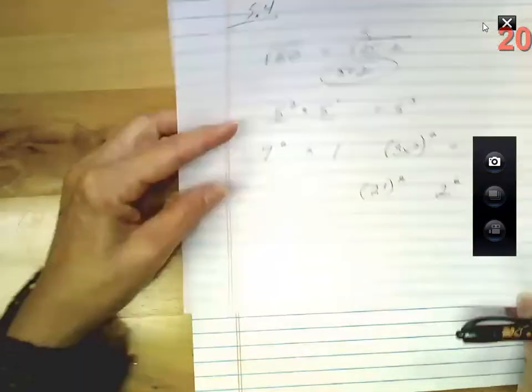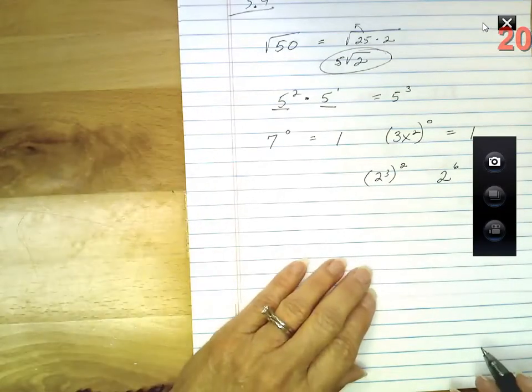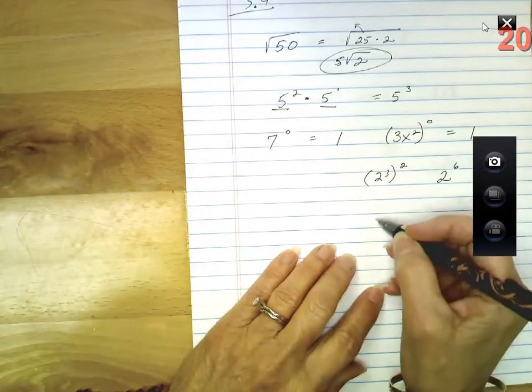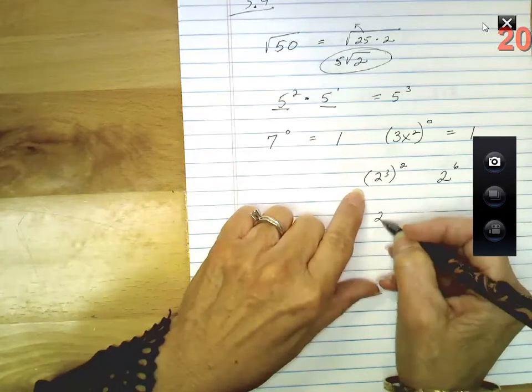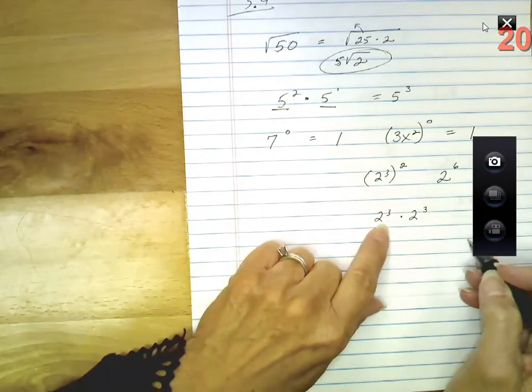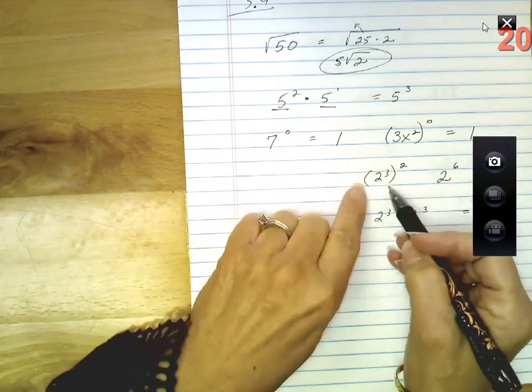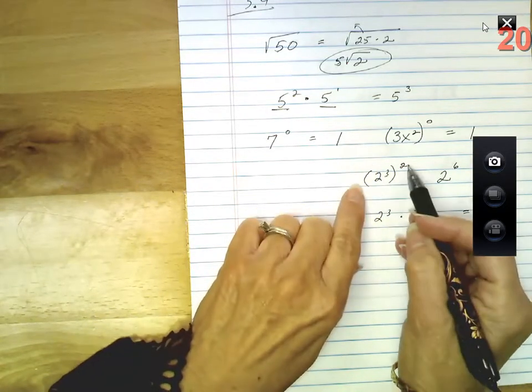I'm sorry, how is that 6 if it's 2 to the third power? That would be 6 in itself, and then to the second power, wouldn't that make it 12? What it means is 2 to the third times 2 to the third. Okay. Which is 2 to the 6th. Because this means take whatever's in parentheses and do it 2 times.